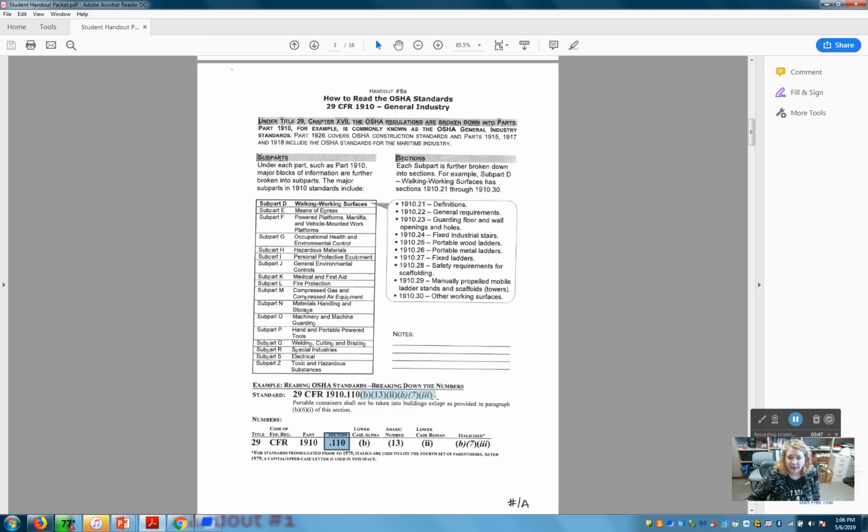Then it goes into a series. When we start looking at it, lowercase alpha numbers, Roman numbers, and italicized, and all of that. And so when we ask for the OSHA standard, make sure that you list the whole thing.